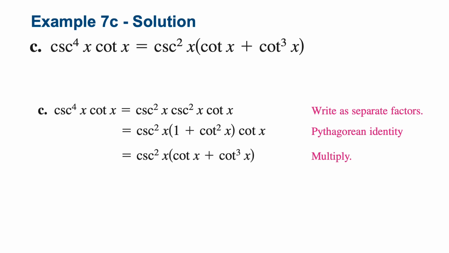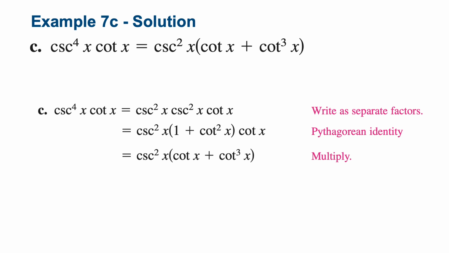So there are just different strategies. This one here: cosecant to the fourth x times cotangent x is equal to cosecant squared x times the quantity cotangent x plus cotangent cubed x. If we write these out as separate factors, usually you do that when you want to use either a reciprocal identity or the Pythagorean identity. That's usually how that works.